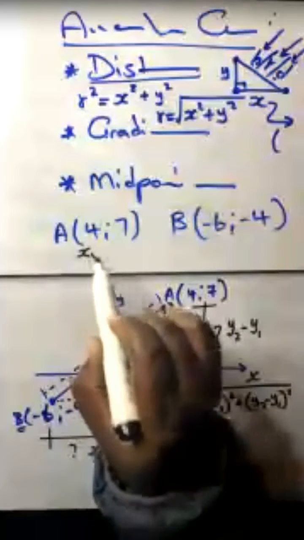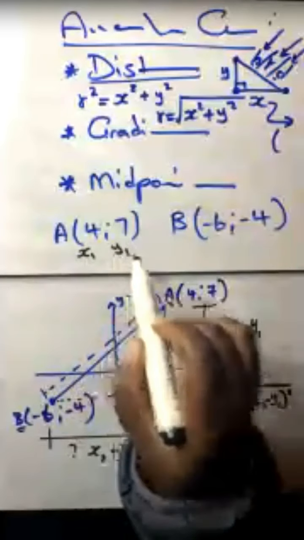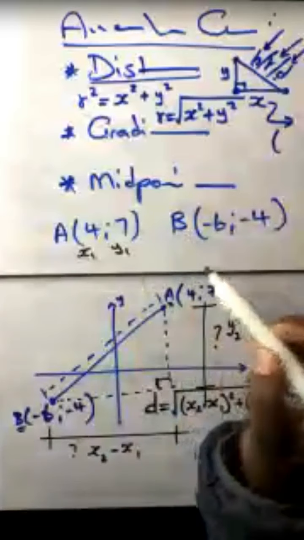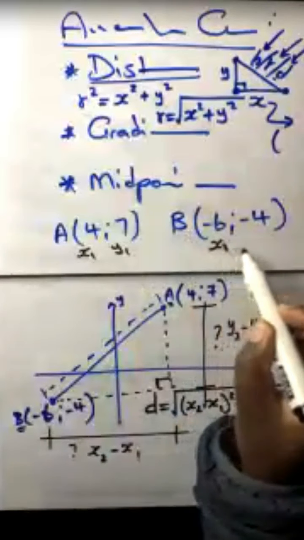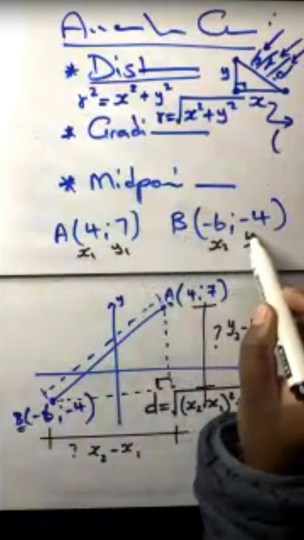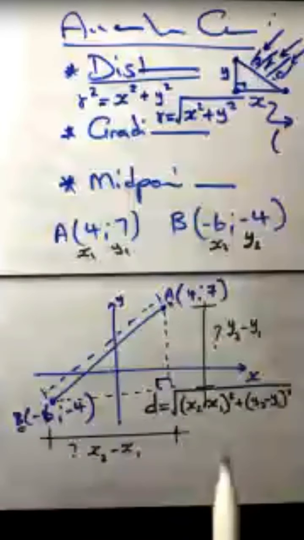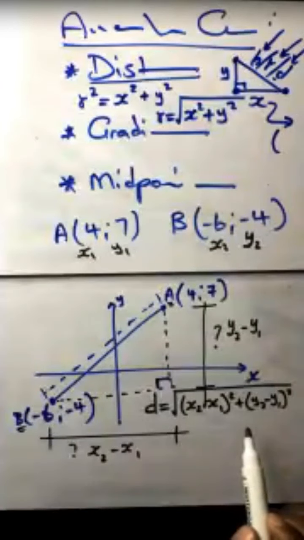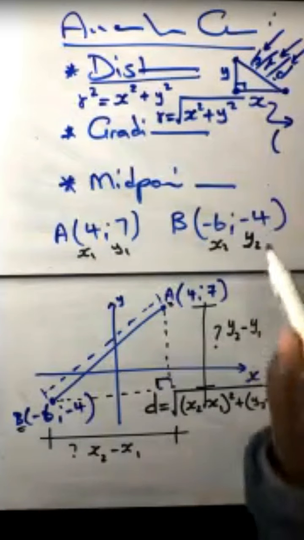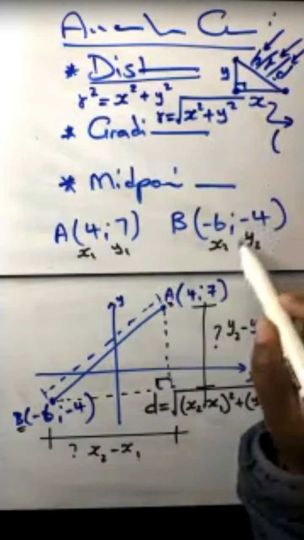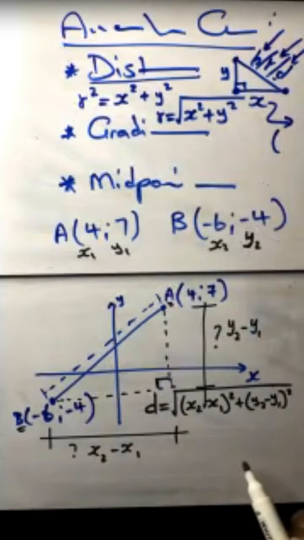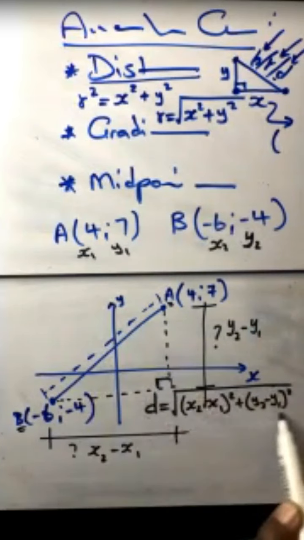So let's make it x1, y1. B comes second alphabetically, so we make the second point x2, y2. So your y2 is -4. Now you just substitute everything into that formula, guys.